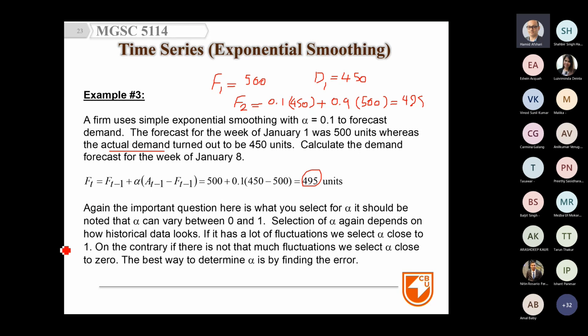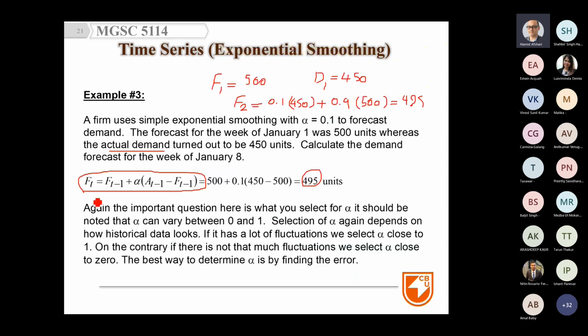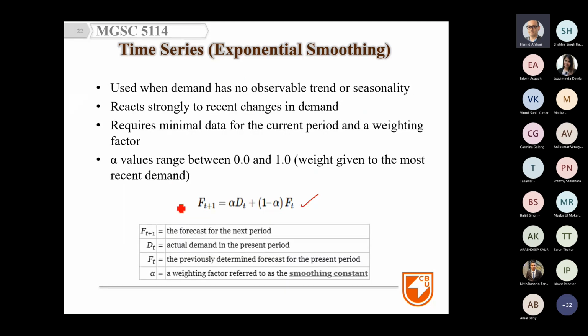Okay, some of you would say this formula is different than this formula, correct? Or this formula, doesn't matter. So which one should we use? I'm going to tell you both of them are fine. If I just multiply alpha into this bracket and then simplify it, I will get this formula.